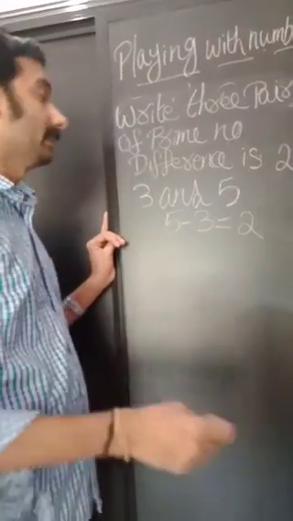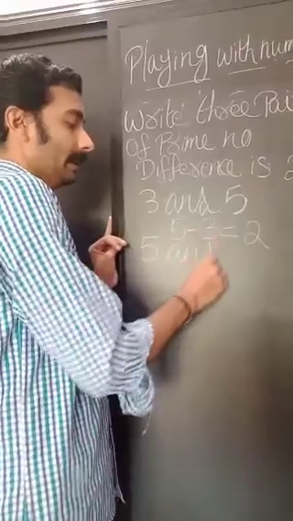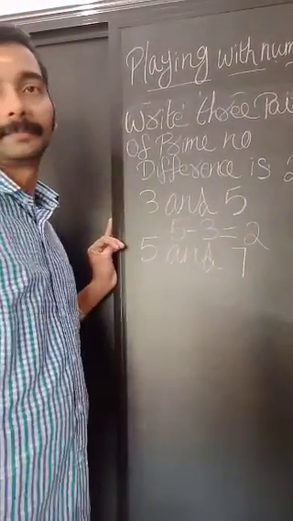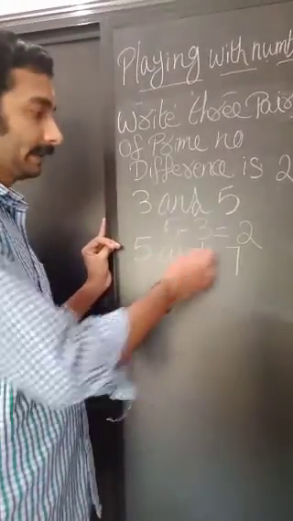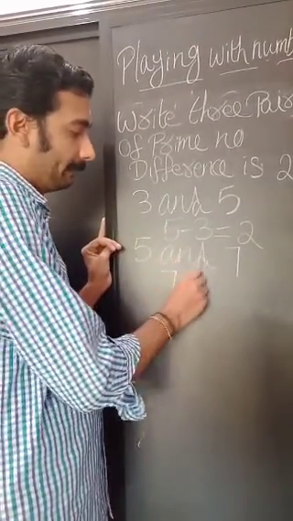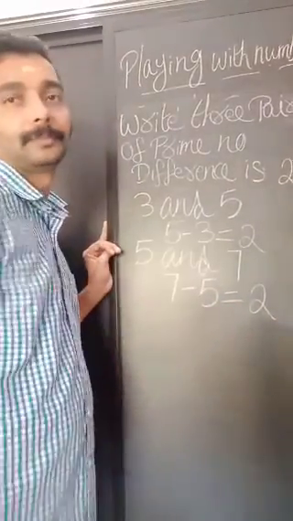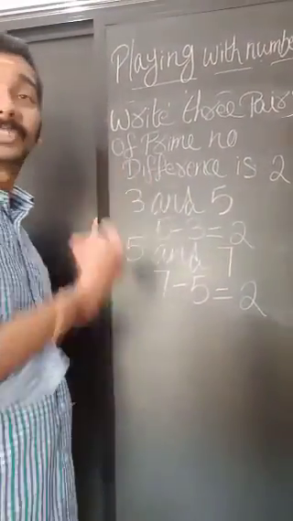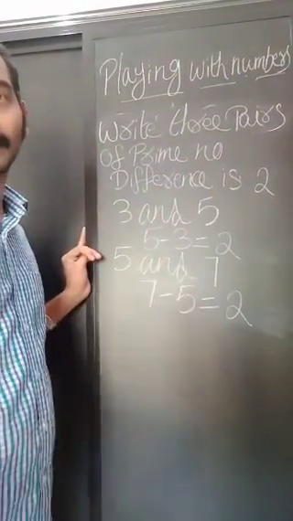Then another pair, 5 and 7. The difference is 2. 7 minus 5 is 2. You write so many examples based on prime numbers. It is your choice.